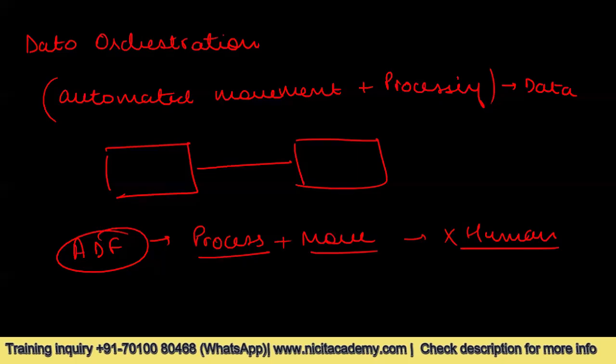The pipelines will work automatically. The pipelines will be responsible to get the data, the pipelines will be responsible to put the data, and the pipeline itself will define certain activities for the transformation of the data. Now, to ensure timely execution of these tasks that you are going to define, to process the data and to move the data, you will have scheduled pipelines.